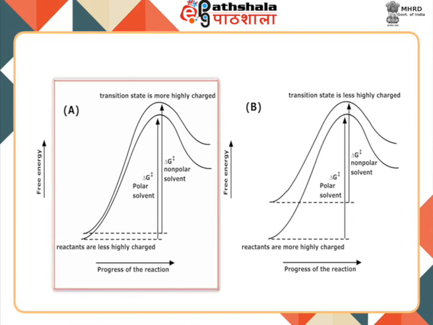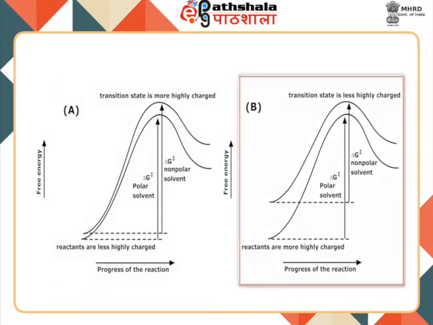As shown in this figure, the free energy versus progress of reaction is plotted. In case A, the transition state is more highly charged, whereas the reactants are less highly charged. In case B, the transition state is less highly charged, whereas the reactants are more highly charged.